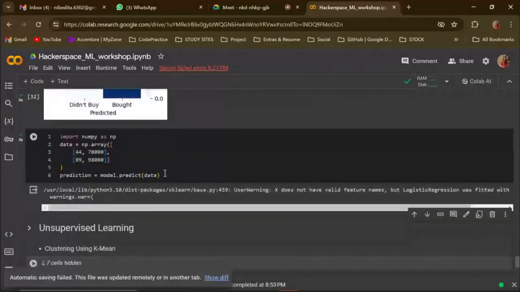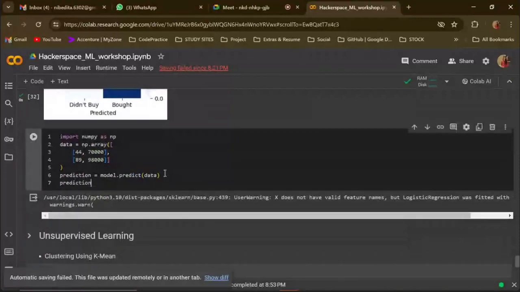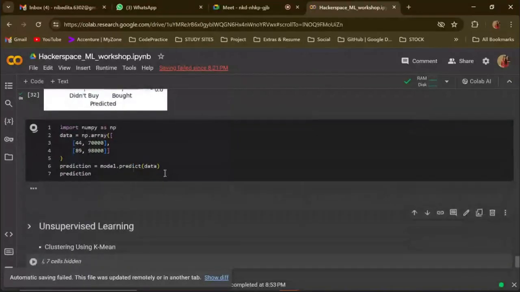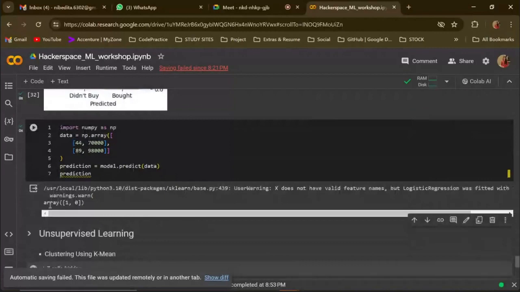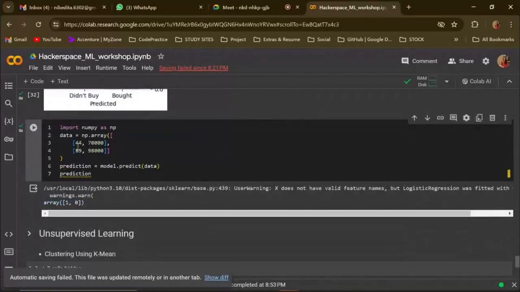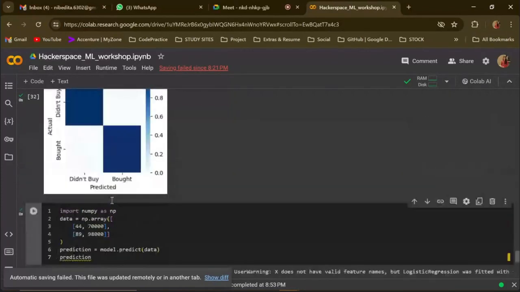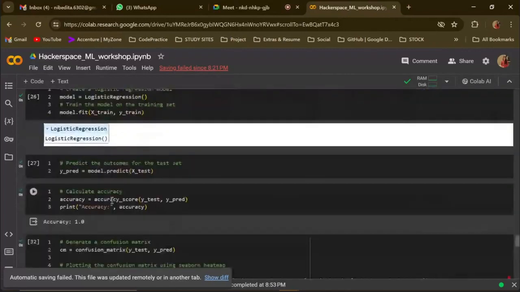Okay, we are not printing it yet. Okay, so the array gives that this 44-year-old person buys a house, but an 89-year-old person does not buy a house. This is what the prediction gives us.